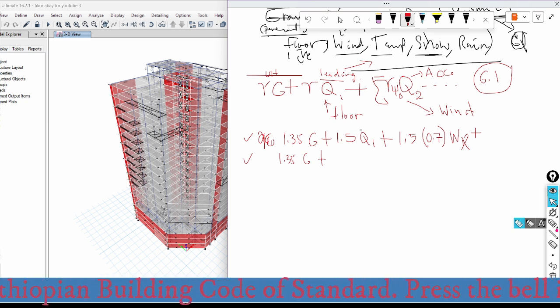So when it is an accompanying one, it becomes 1.5 times psi 0, which is 0.7, times Q, plus. And the wind becomes the leading one, so 1.5 times wind in the x positive direction.